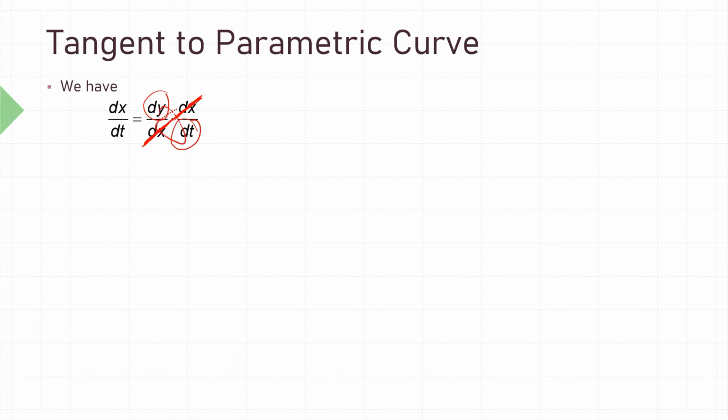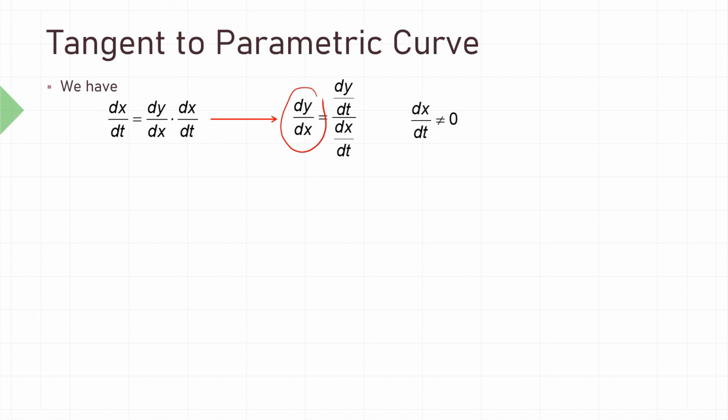So we modify this equation, and we get dy over dx is dy over dt over dx over dt. This is the gradient of the tangent to the parametric curve, because this is dy over dx, the one that we want. But with one condition, that the denominator here, dx over dt, should not be equal to 0, because if it is equal to 0, then it is undefined.